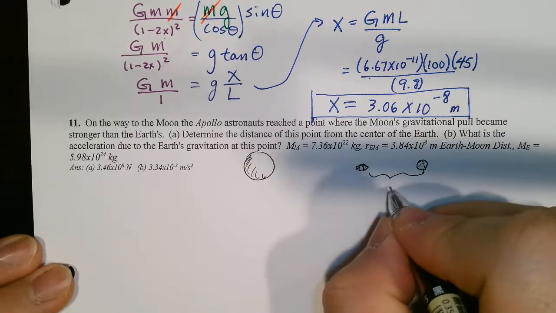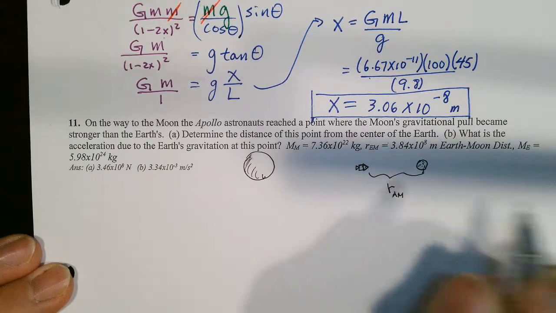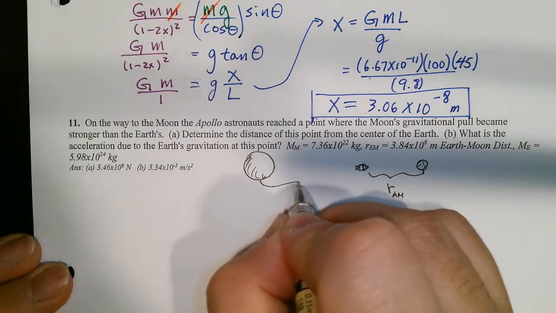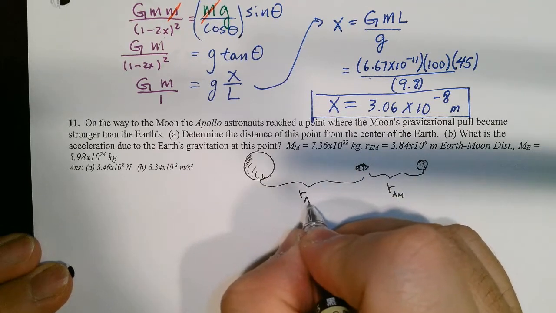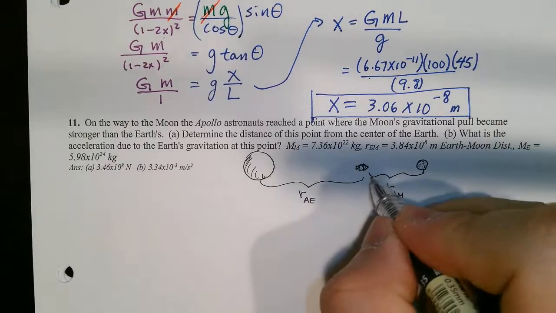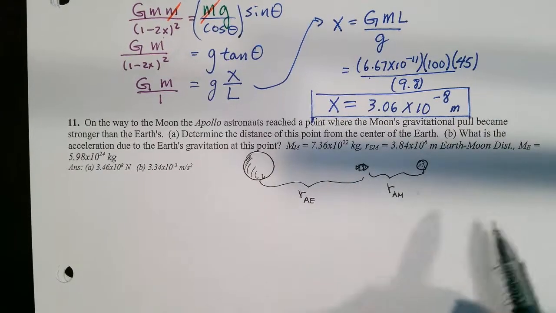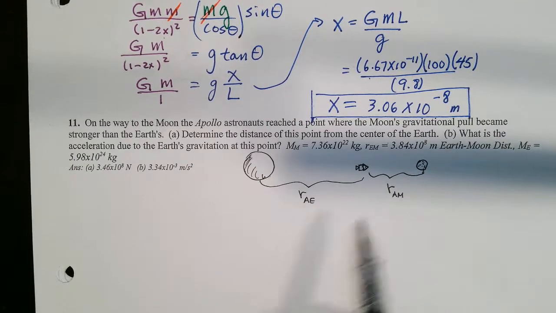I'm just going to call that R, Apollo to moon. And then there's going to be a distance R from Apollo to Earth, right? So the center of mass distance from moon to Apollo and from Apollo to Earth are represented as that. All right.